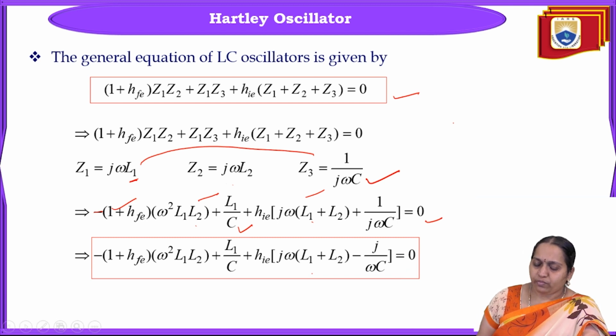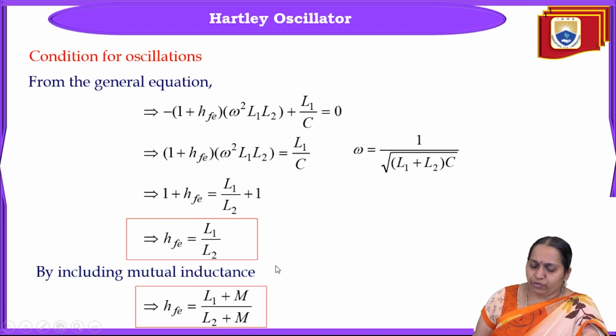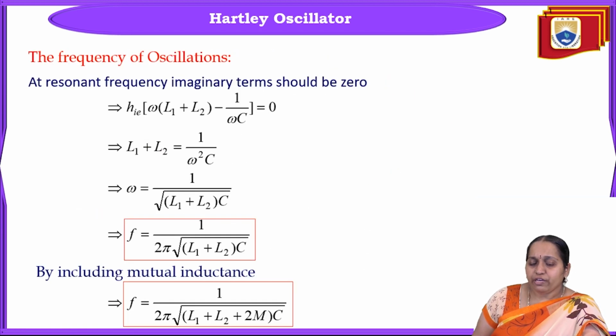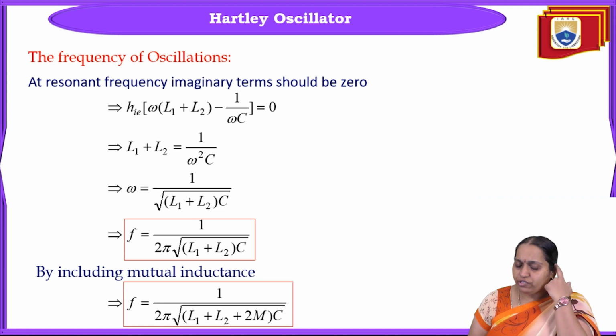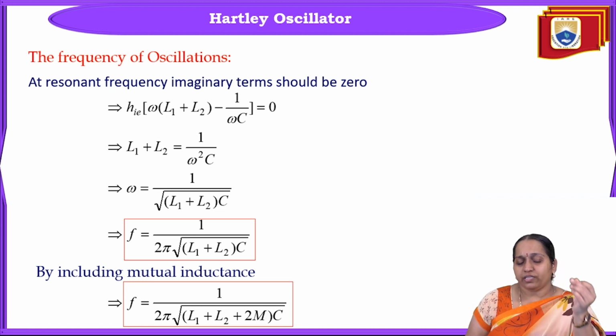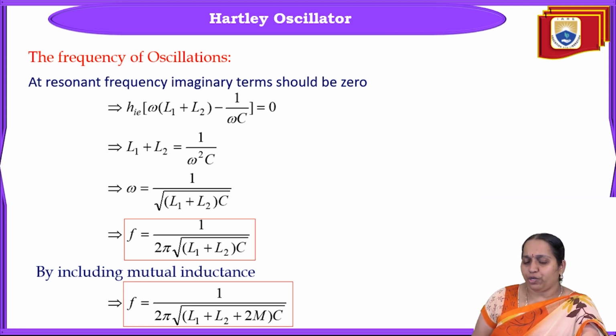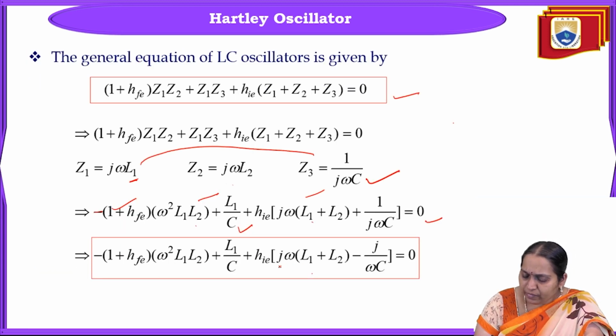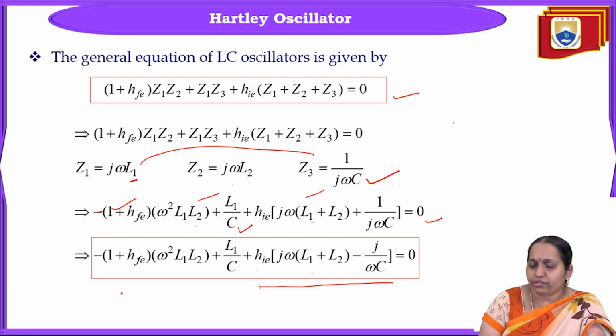If you want to derive the frequency of oscillations, what is the condition we follow? At resonant frequency, the imaginary part should be equal to 0. From the above equation, what are the imaginary terms? The J terms are only up to this; the rest are all real.